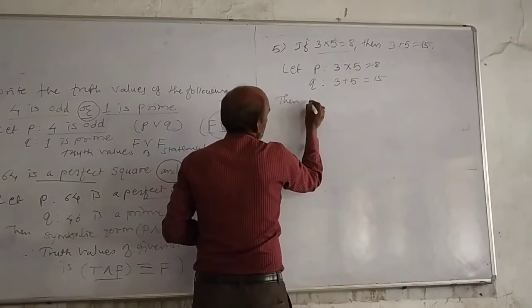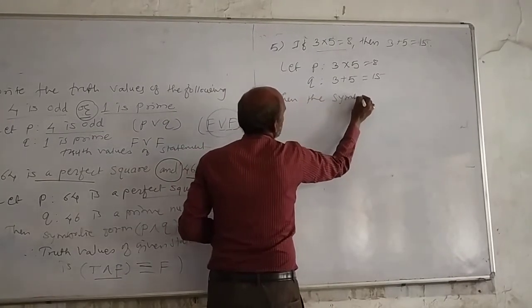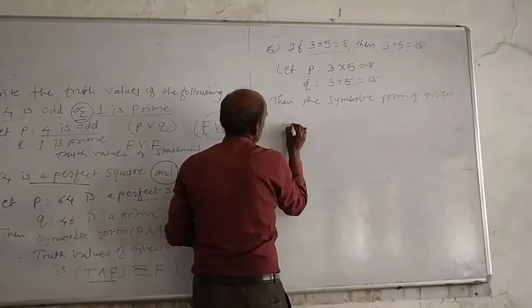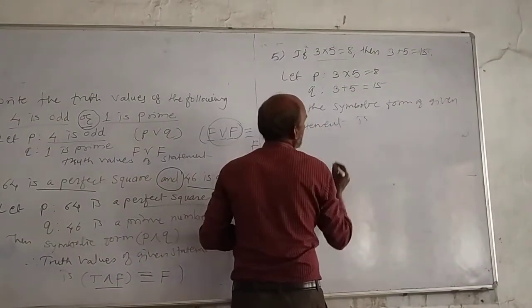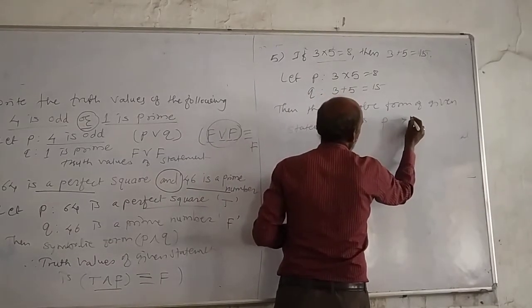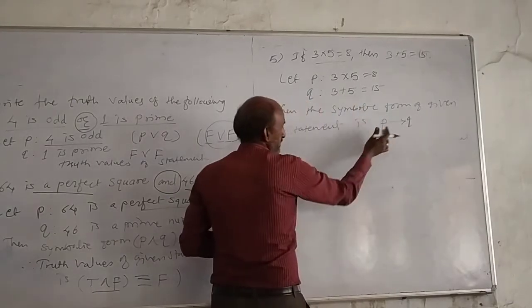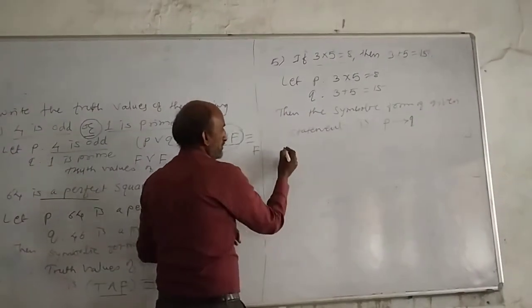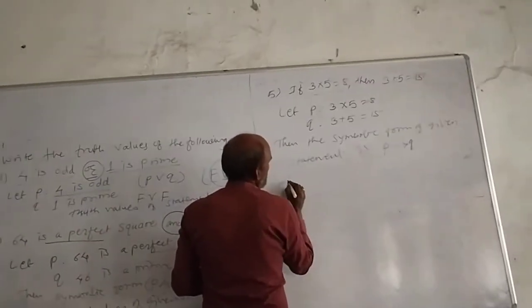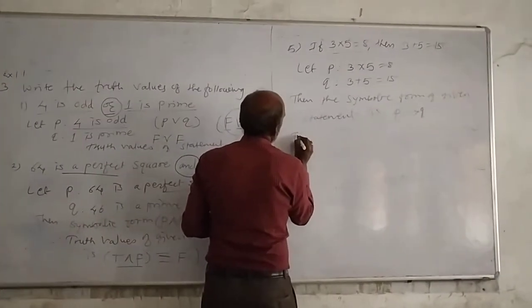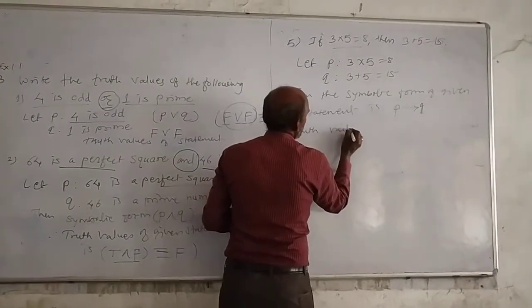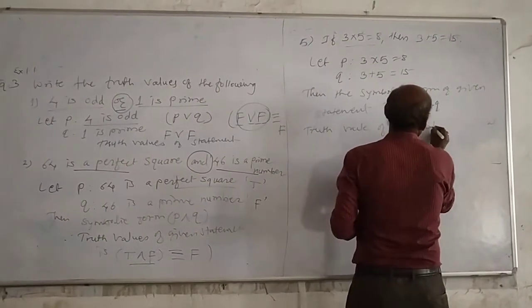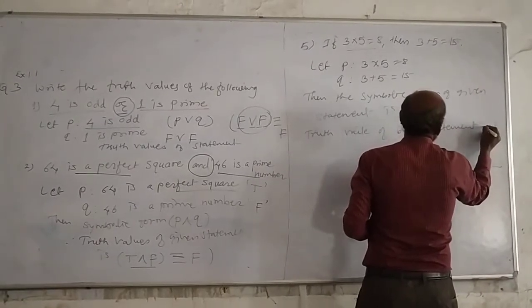Then the symbolic form of the given statement is P implies Q. This is the connective: if then, P implies Q. Means the truth values of both statements are false.